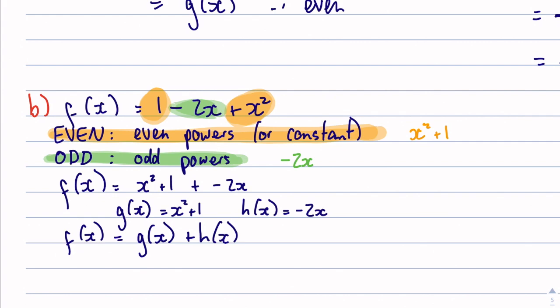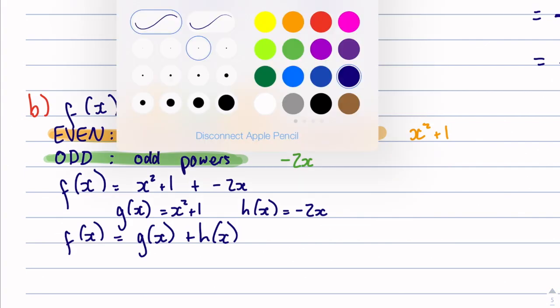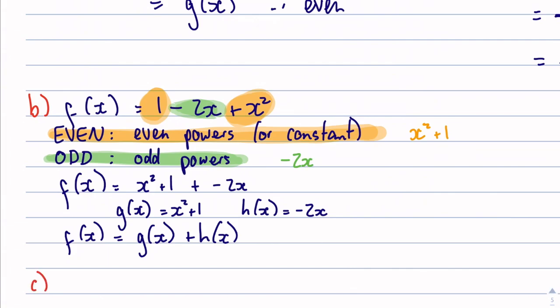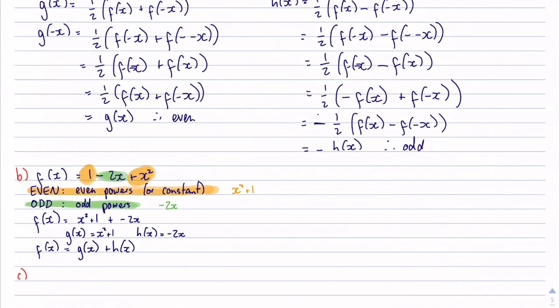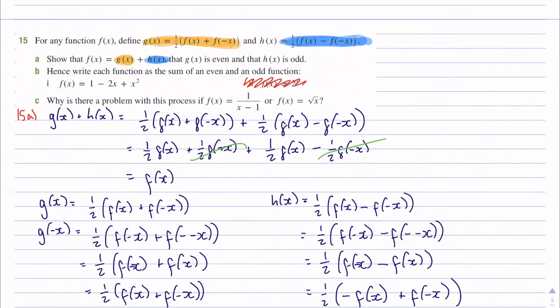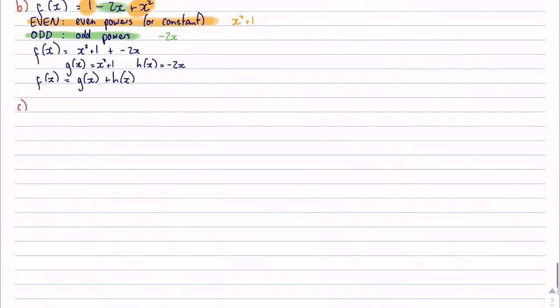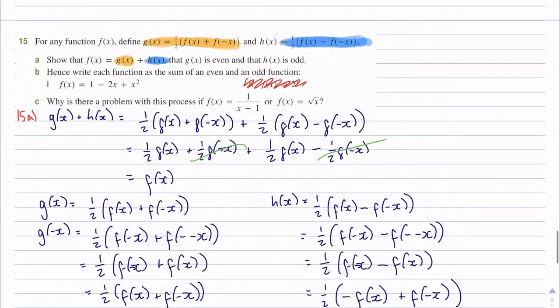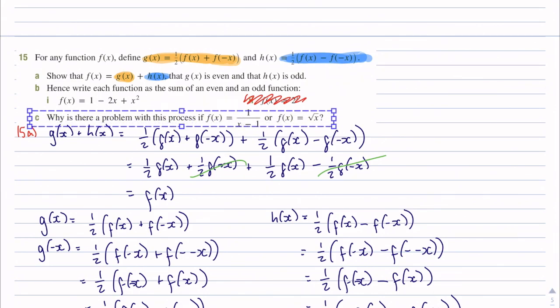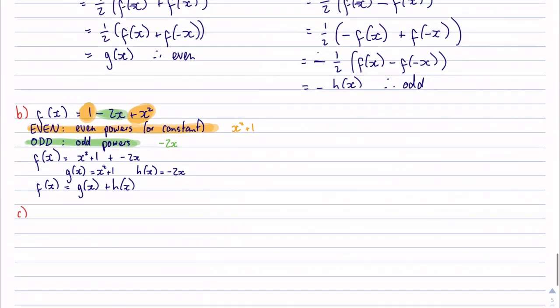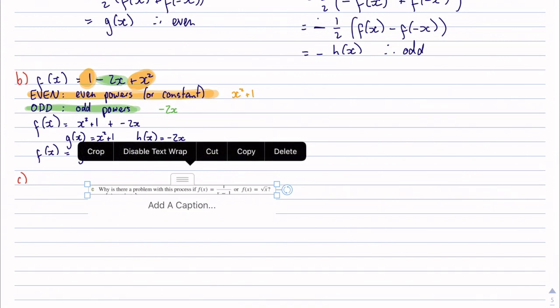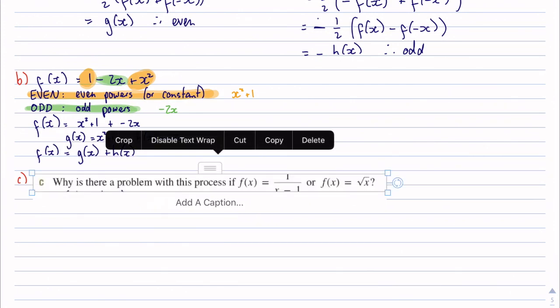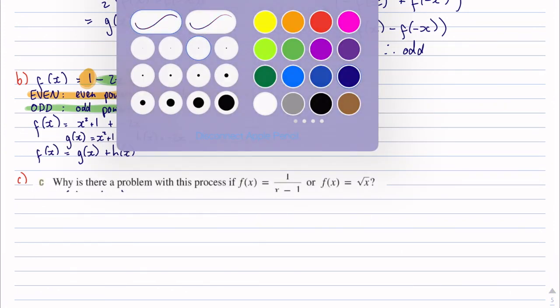And then with c, why is there a problem with this process if f of x equals 1 on x take 1? These are not polynomials.